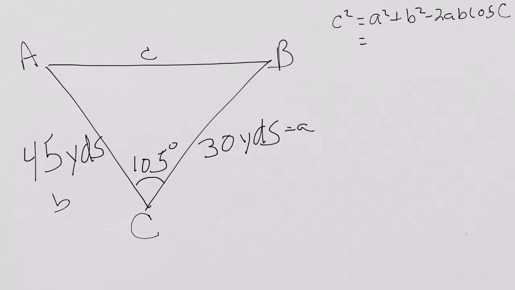As we plug them in, my a over here is 30. So we're going to do 30 squared plus 45 squared minus 2 times 30 times 45 times cosine of 105 degrees. From here, we just simply plug this all into the calculator.